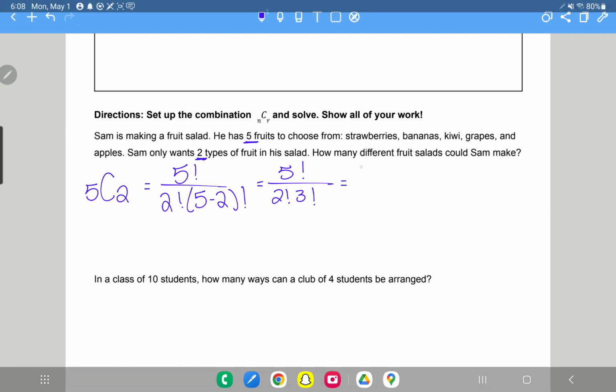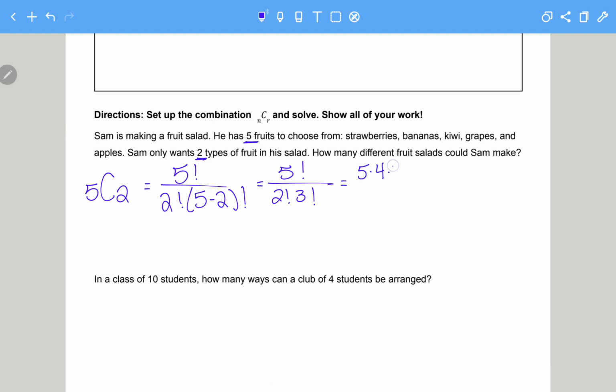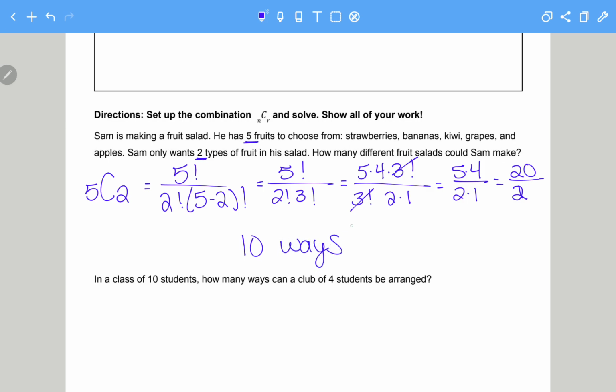So I'm going to go down to that 3, 5, 4, 3, stop. And I know that 3 factorial is going to cross off. But I still need to count for that 2 on the bottom. So I'm going to do 2, 1. And I'm going to go ahead and solve that. We're left with 5 times 4 over 2 times 1. 5 times 4 is 20. 2 times 1 is 2. 20 divided by 2 is 10 ways to make his salad.